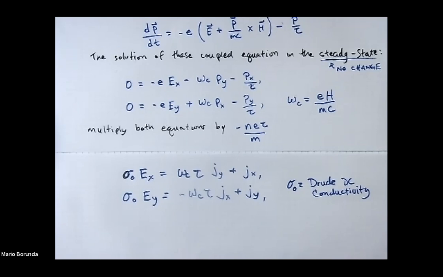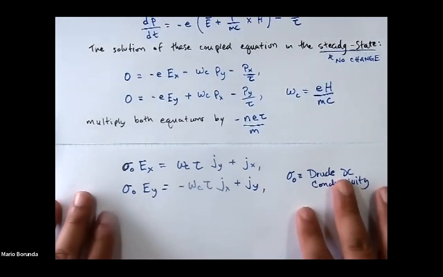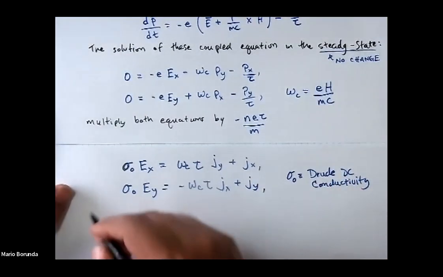So now that we have it this way, we see that the Hall field is measured when there's no current going across, this transverse current. So that means that we can set it to 0.